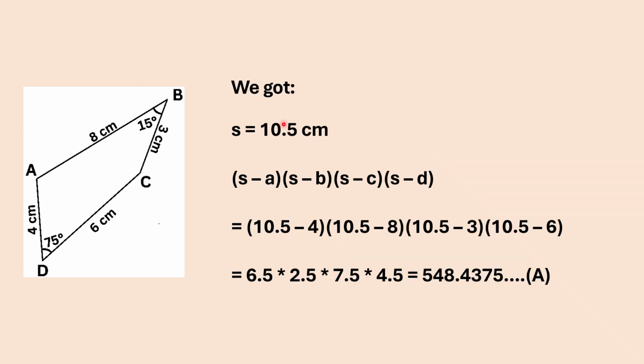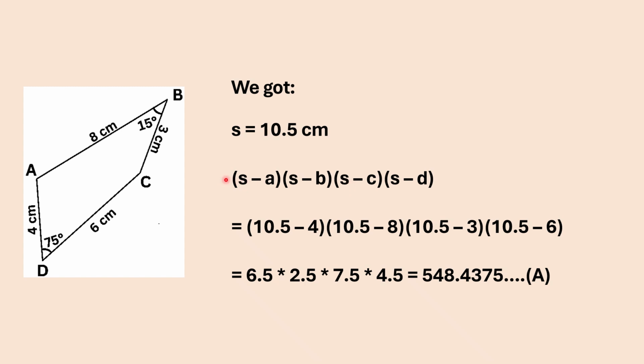So first we calculated the semi-perimeter and got S equal to 10.5. Now we calculate the product of S minus A into S minus B into S minus C into S minus D. This is somewhat similar to Heron's formula for a triangle, where we use S into S minus A into S minus B into S minus C, then square root.